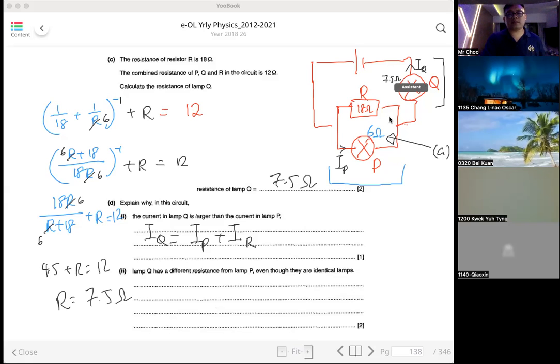This is 6 ohm. Why do they have different resistance, even though they are the same lamp? By right, if you see the word identical, their resistance should be the same. Let me read out your answer.